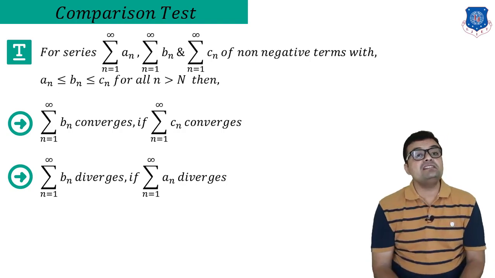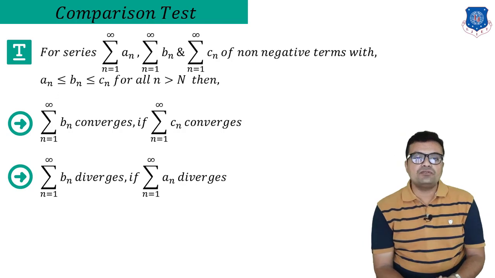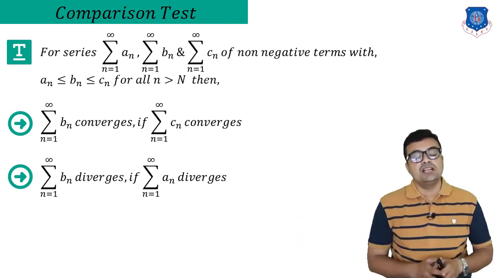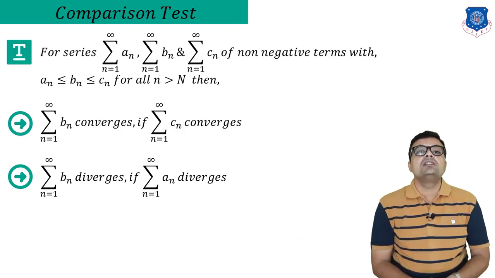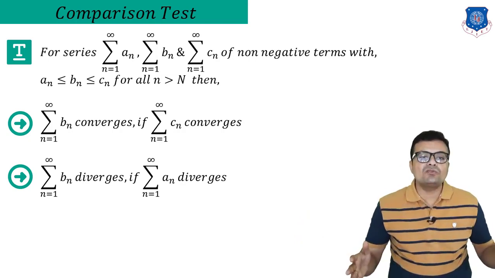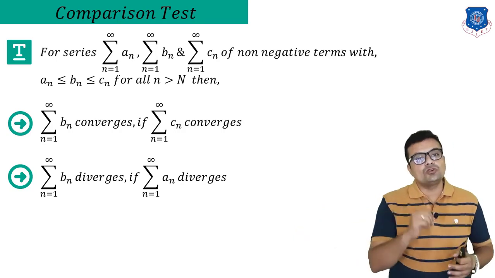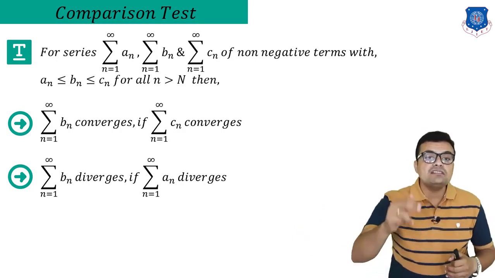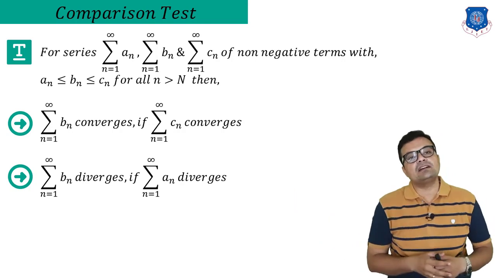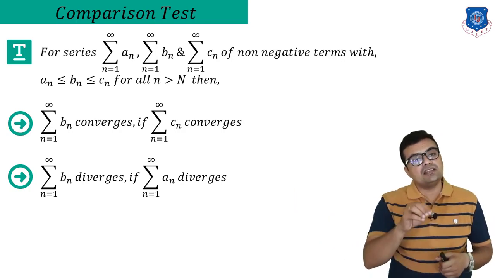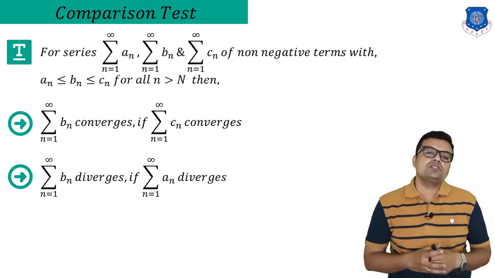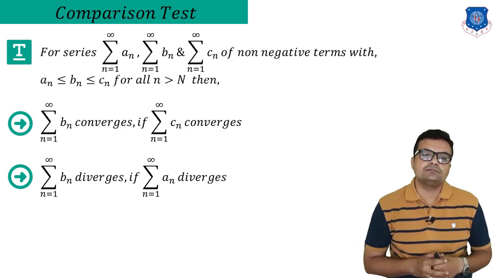Now if an is divergent, meaning after a certain level the volume of an is expanding, it will cross the volume of bn and cn after a certain level, and so the volumes of bn and cn must also be increasing after a certain level. Then and only then is this arrangement of boxes possible.